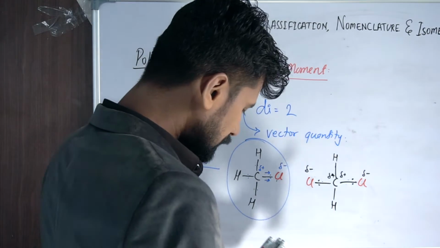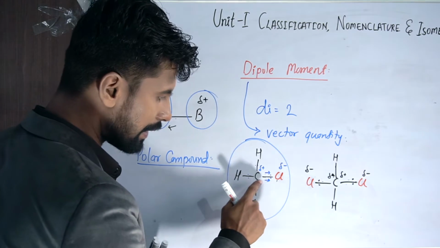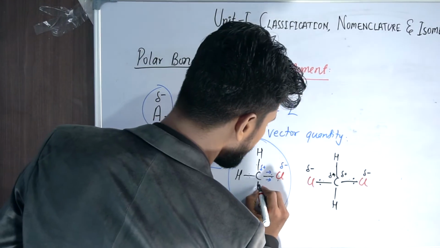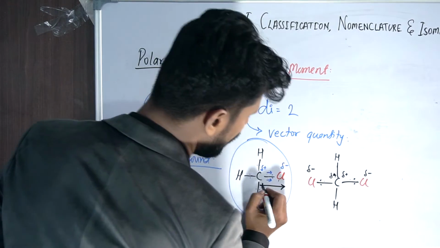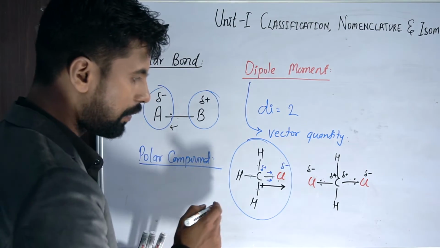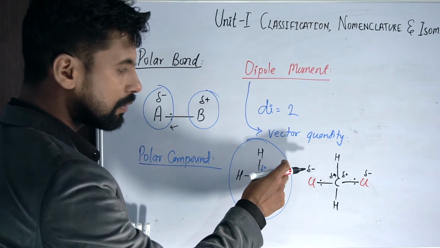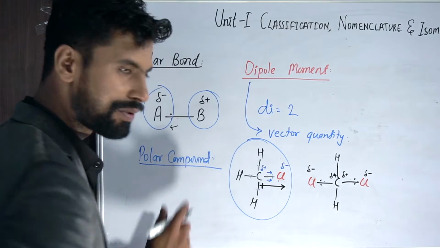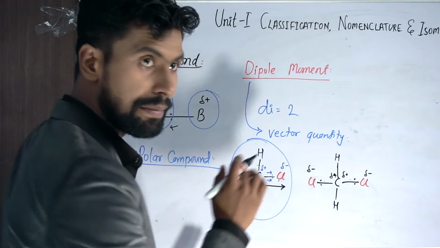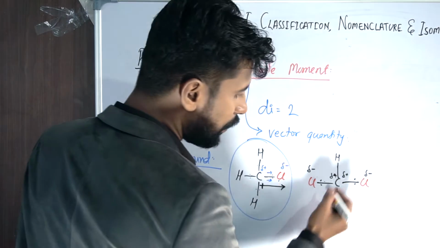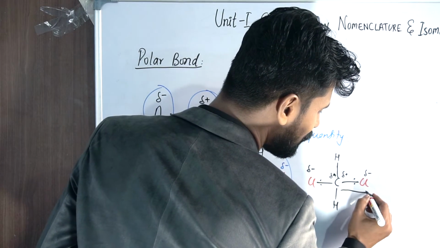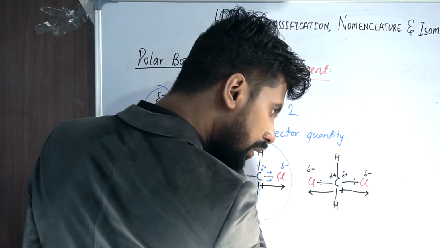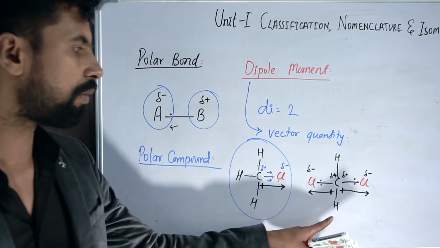So if you consider the first diagram, here carbon-chlorine, the dipole moment is in this direction. You know this is the way to denote dipole moment. You have to draw an arrow, and the arrow should point towards the negative side, with the tail on the positive side. Okay, so here there is a net dipole. Now the dipole moment in the second molecule: for this carbon-chlorine bond you draw the dipole in this direction, and for the other carbon-chlorine bond you draw the dipole moment in this direction.